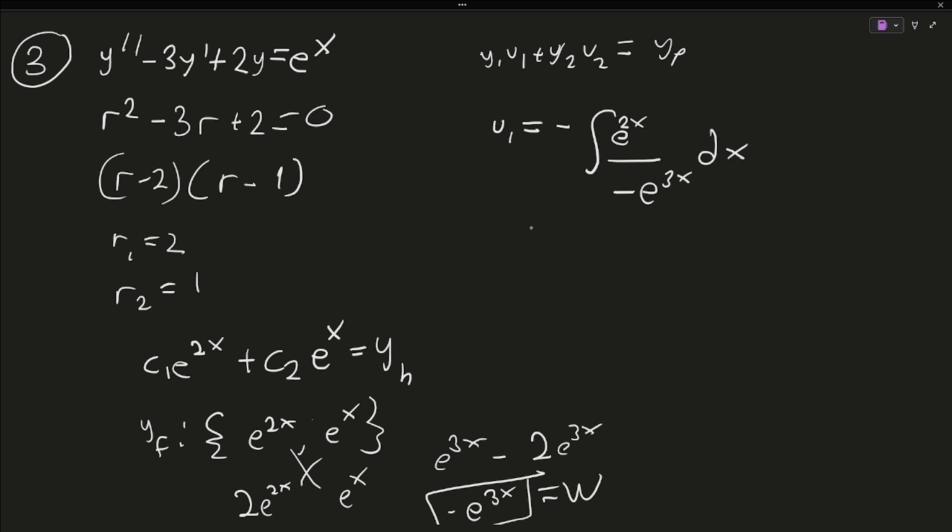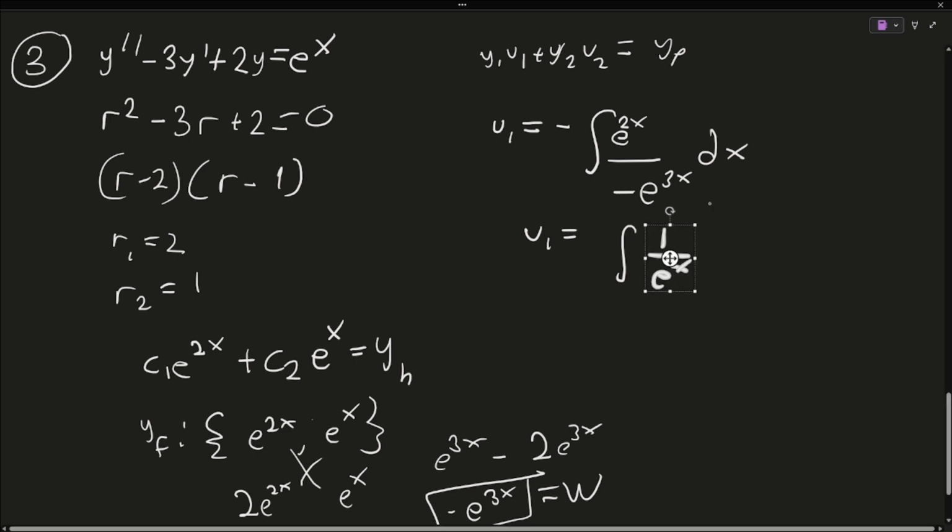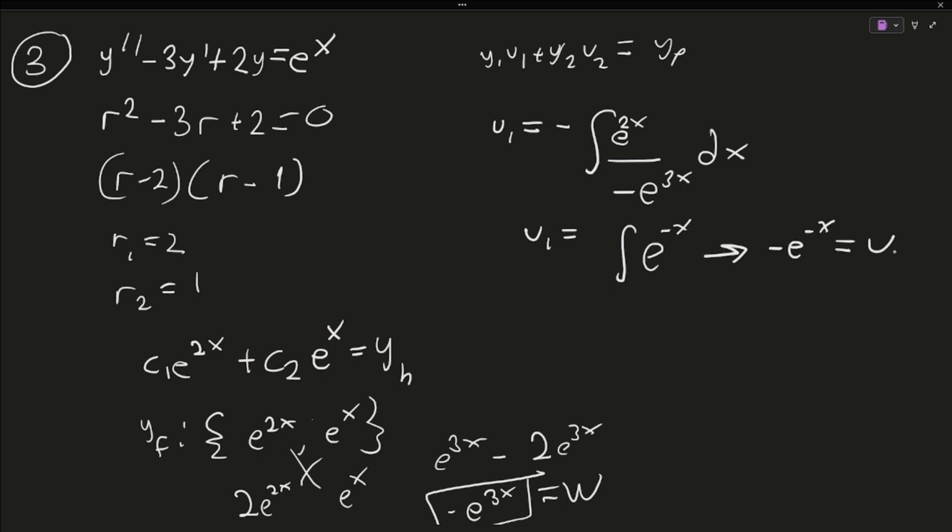And this means u1 is going to be equal to the integral of 1 over e to the x, or e to the minus x in other words. So I want to write that as e to the minus x, okay? And that just ends up being negative e to the minus x equals u1. Very simple, very nice.